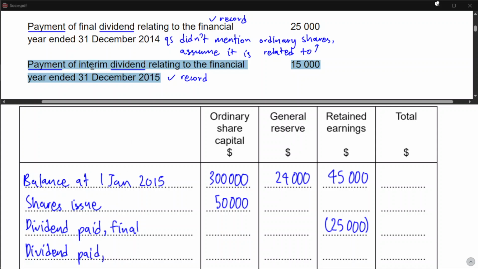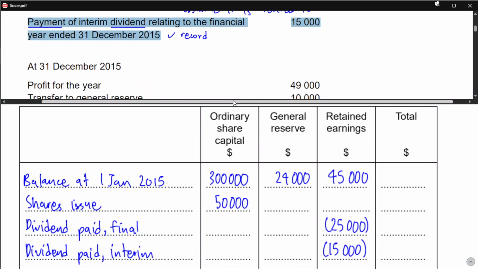This one is also a dividend paid, related to the interim, so I put interim 15K. This will reduce the retained earnings.